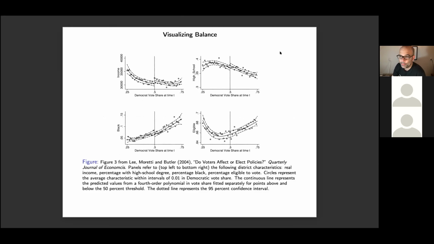Here's a figure from a paper that we're going to discuss. In this paper, you've got a running variable called Democratic vote share. This is the share of all votes that went to a particular candidate in the Democratic Party in the United States. And this is income for the jurisdictions.